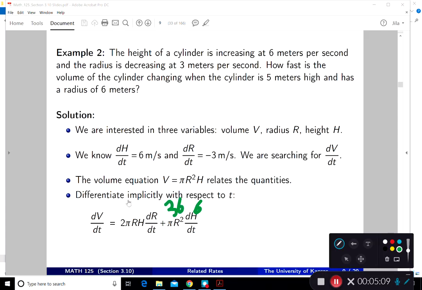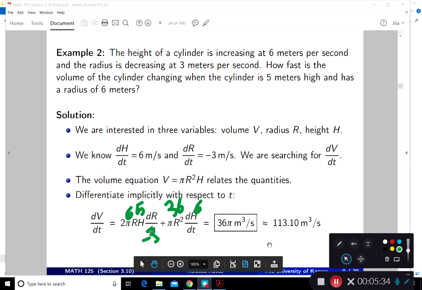And then r over here is again 6. And height is 5. And the change in radius is -3. Change in height we know it was 6. And so if I use that, then I can tell you that the answer is 36 pi cubic meters per second, which is this value.